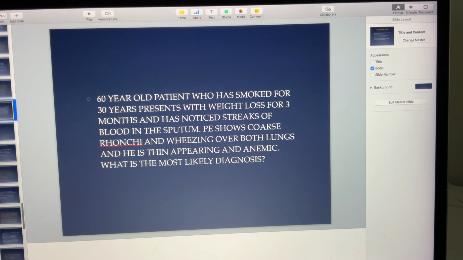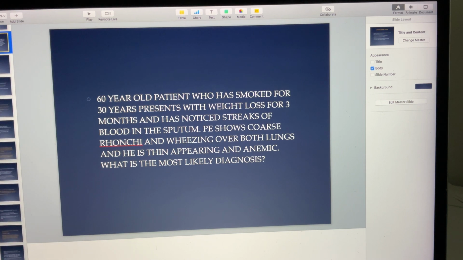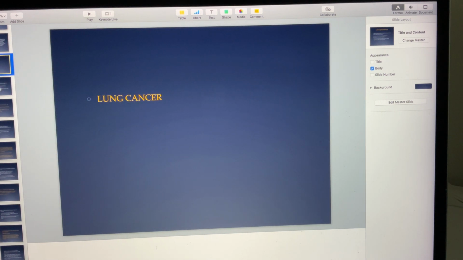What is the most likely diagnosis? So this patient is 60 years old. They've been smoking for 30 years. They had weight loss for 3 months, and you noticed streaks of blood in the sputum. What is this telling you? This patient has lung cancer.